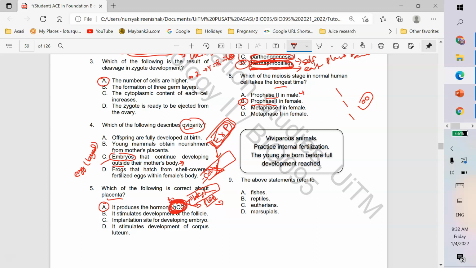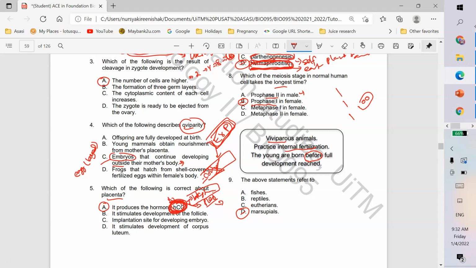Alright, number 9. Viviparous animals practice internal fertilization. The young are born before development reaches. The above statement refers to the marsupial because the marsupial young are born tiny, blind and hairless, but find their way to the mother's pouch, which is at her ventral surface.